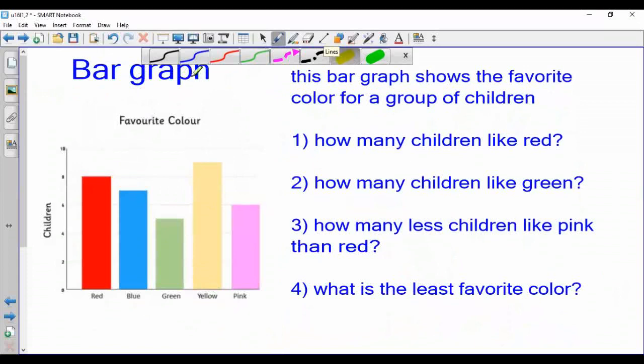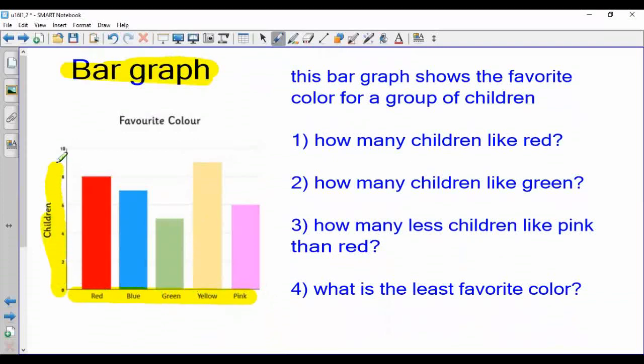It is pretty similar to the block graph. On the horizontal line, I have data. On the vertical line, I have frequency. So here is frequency. And we said frequency refers to how many times something happened or appeared.